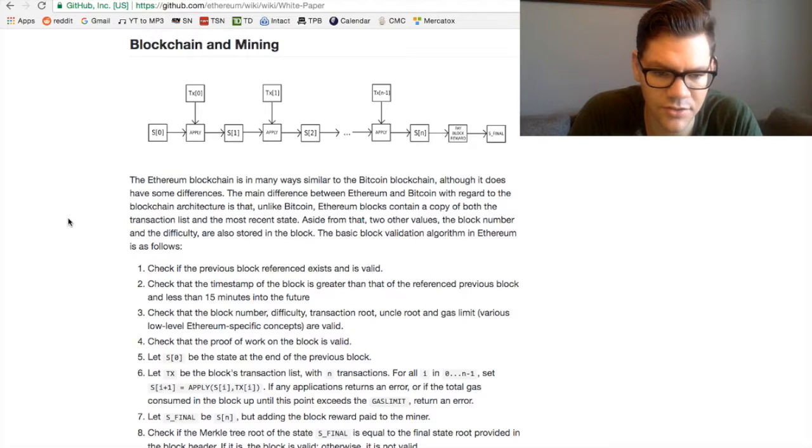Let S_FINAL be S[n], but adding the block reward paid to the miner. 8. Check if the Merkle tree root of the state S_FINAL is equal to the state root provided in the block header. If it is, the block is valid; otherwise, it is not valid.